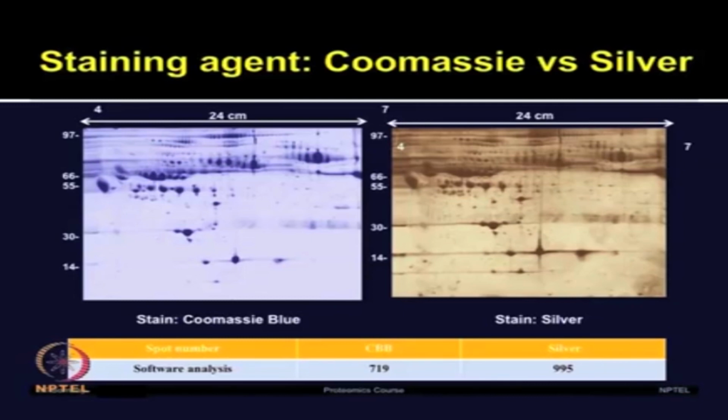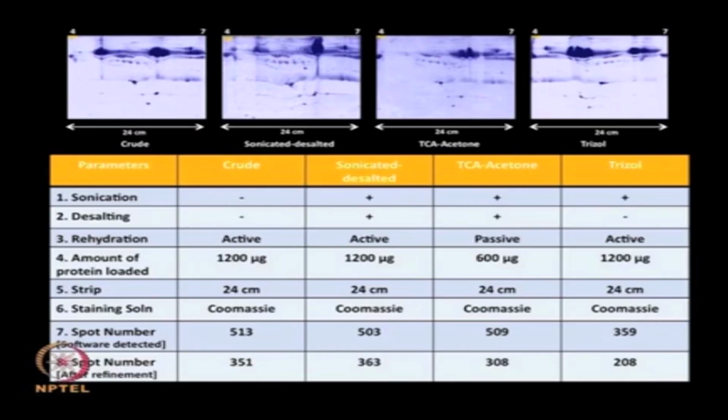To overcome this limitation, we used colloidal Coomassie and Biosafe Coomassie staining, and we standardized the same condition for all the gels. This slide gives you an overview of various parameters which we investigated from different treatments: crude serum, sonicated and desalted, TCA acetone precipitated and Trizol extraction methods.